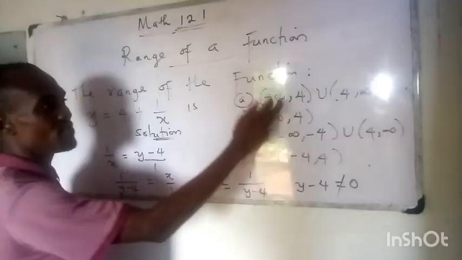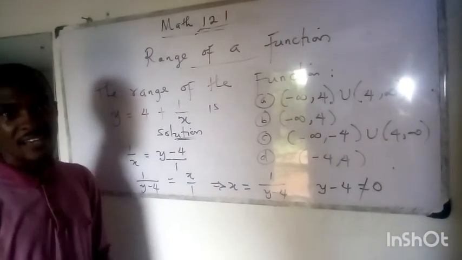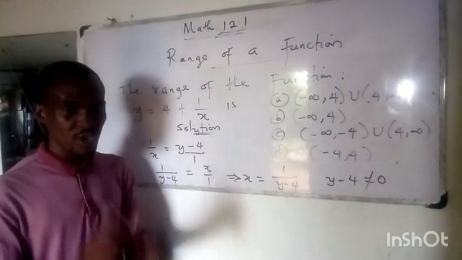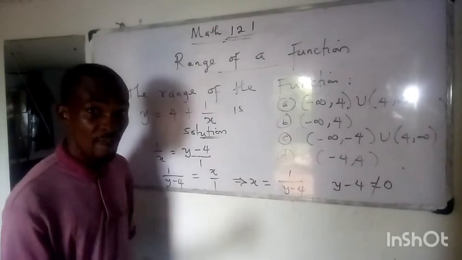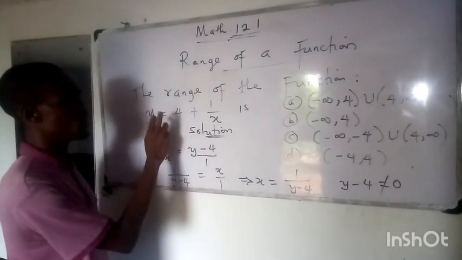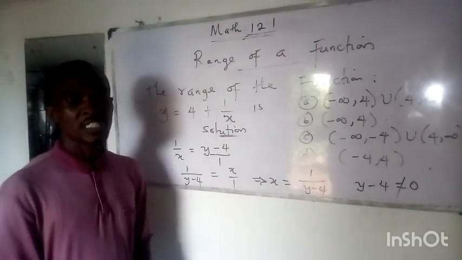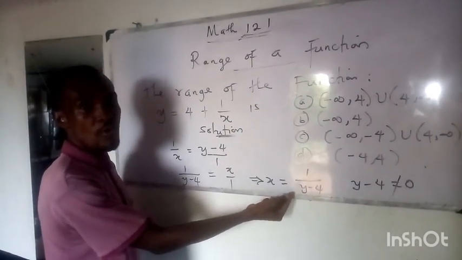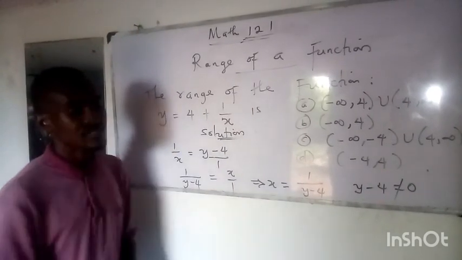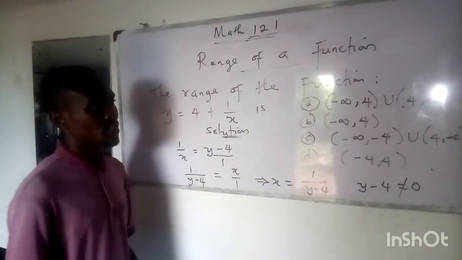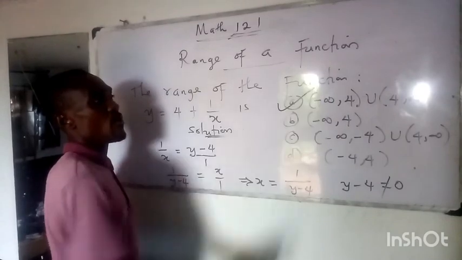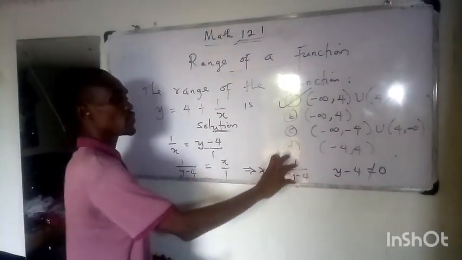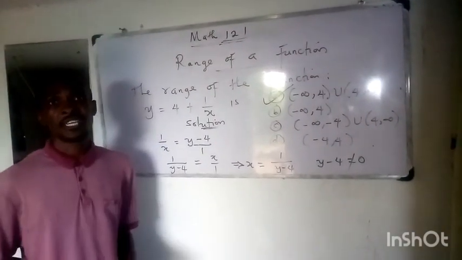So this should be the right answer because it captures every other number excluding the number 4, because the number 4 will make the function undefined, especially looking at it from the way we have written the function in this form. So our range is option A. The nature of the function is very, very important.